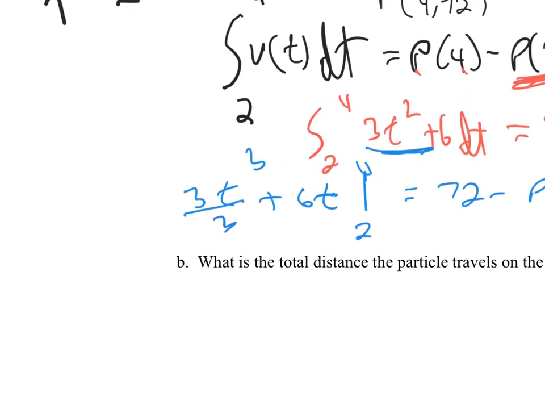So now I got to plug in, well, those two cancel, so I'll make it easier. Plug in the top number first, then minus, plug in the bottom number. 4 cubed, 64, plus 6 times 4 is 24. Minus, now plug in the 2, that's 2 cubed, 8, plus 12.